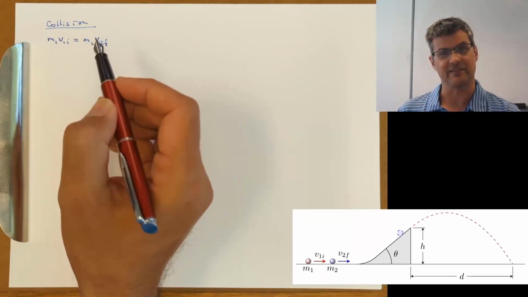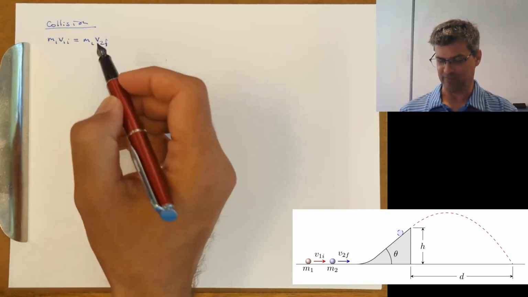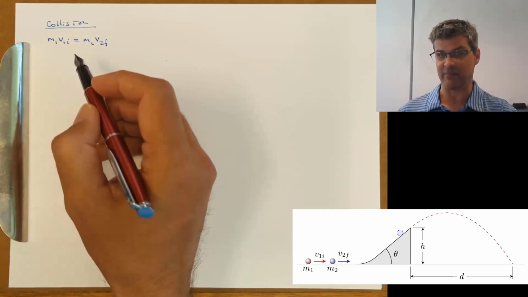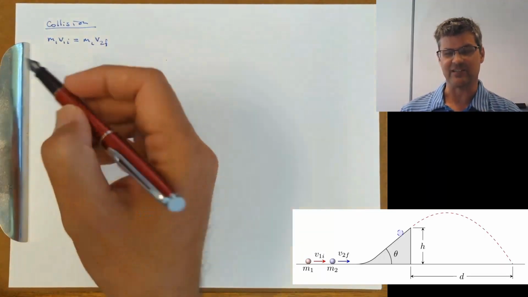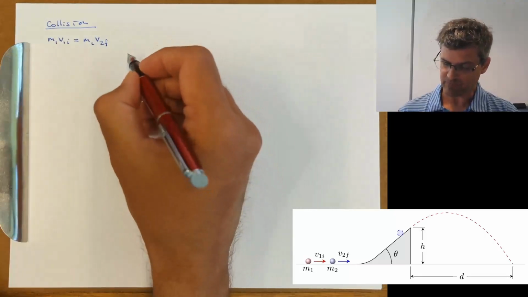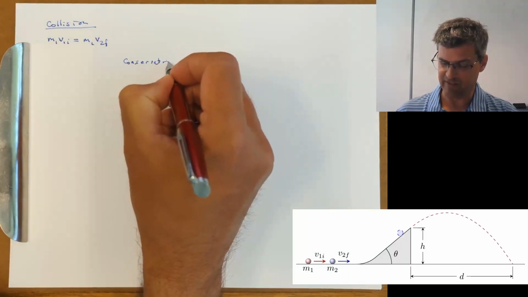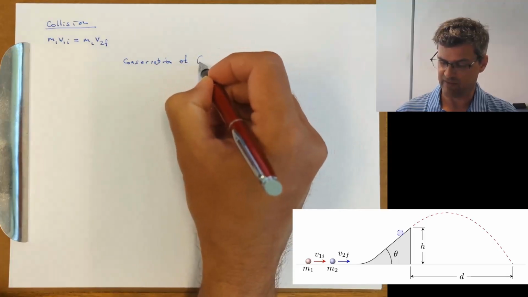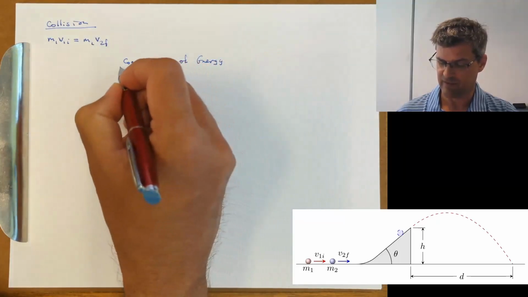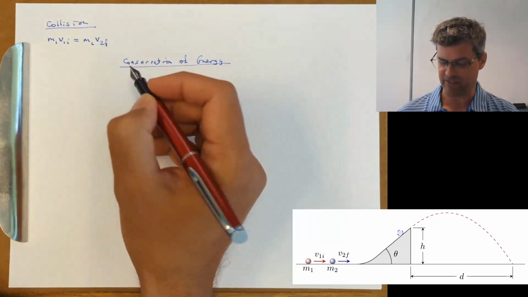What happens next? Well, now M2, not connected to M1, because this was not a perfectly inelastic collision, is going to go up some ramp. So what do we have going on then? Conservation of energy. And what do we know about conservation of energy?